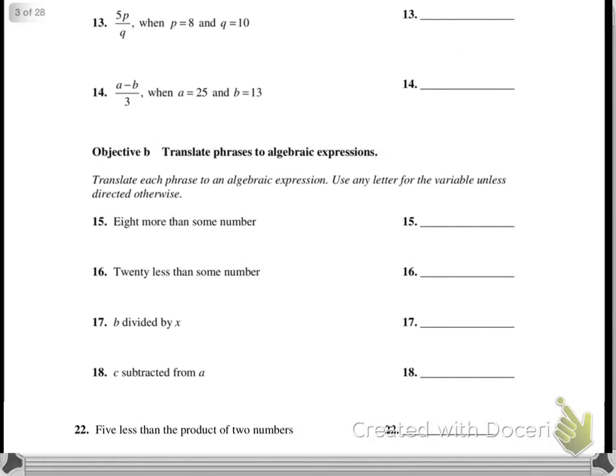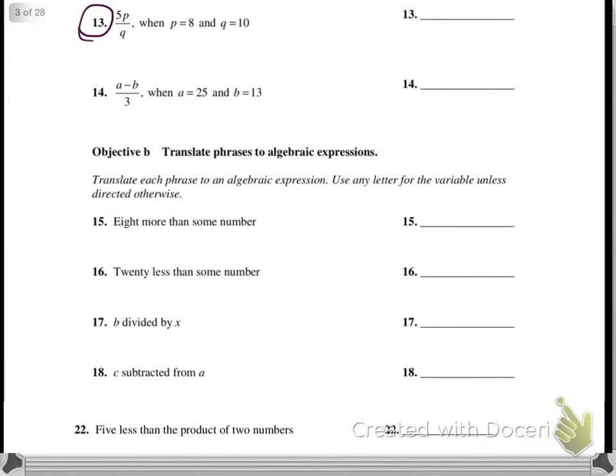So now let's evaluate. Let's do number 13. So we have 5p over q. Now when you have a constant, which is 5, multiplied by p, or when you have a constant sitting next to a variable, that means to multiply. And then the fraction bar also means to divide. So we're going to have 5 times p and then divided by q.